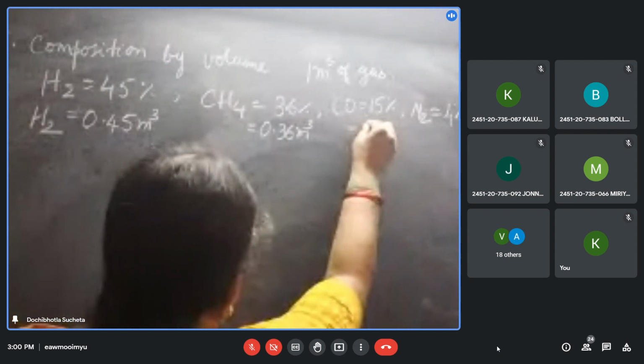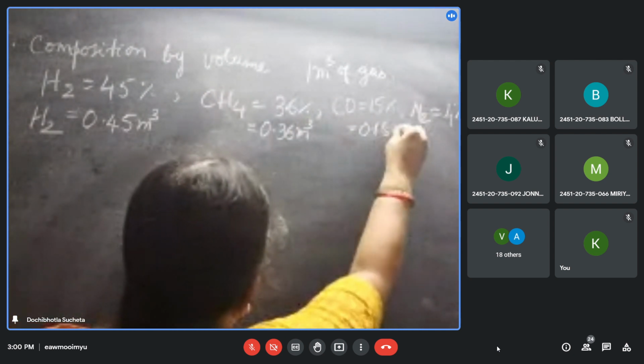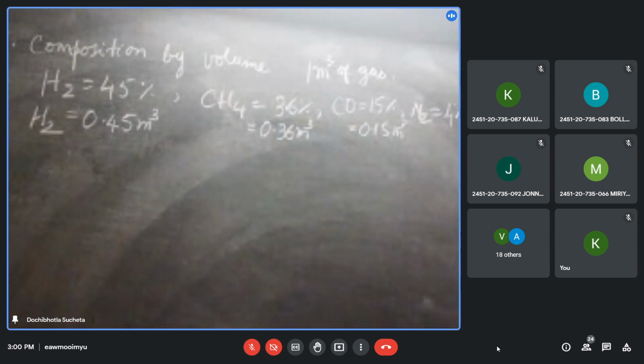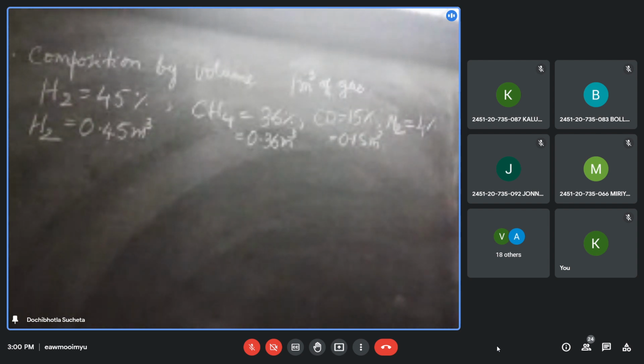Carbon monoxide is 0.15 meter cube. We can ignore nitrogen, because nitrogen is a benign element. It neither supports combustion nor decreases the calorific value. We don't bother about the oxidation of nitrogen for any practical application.